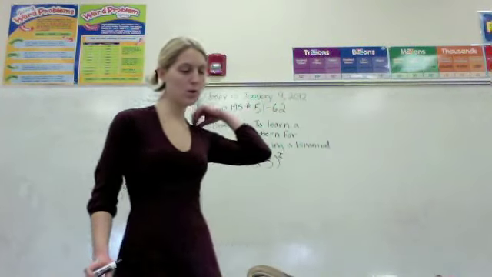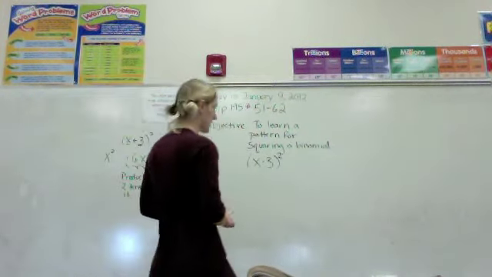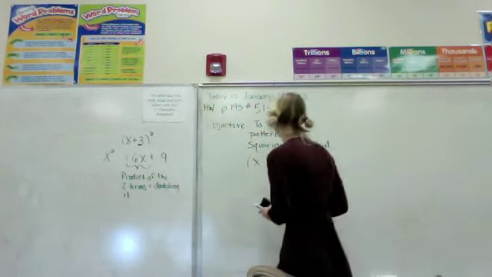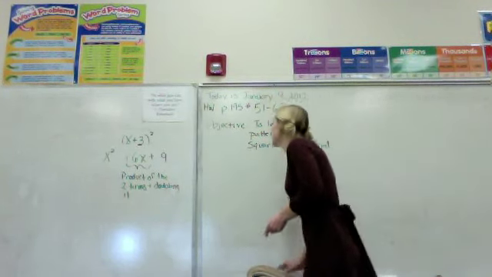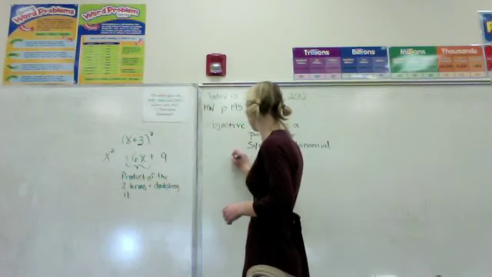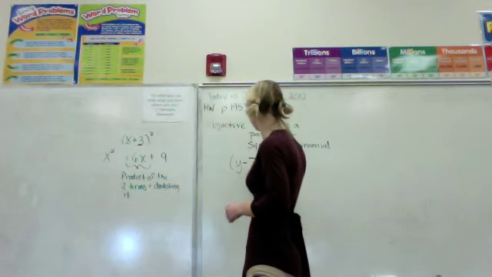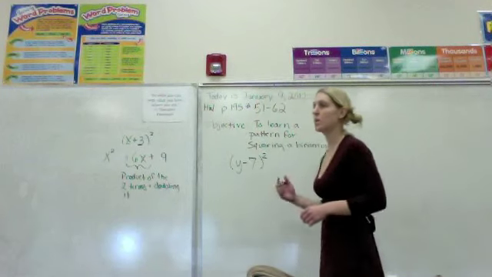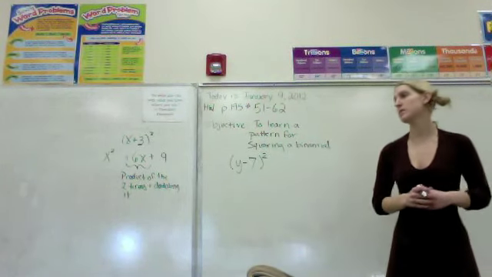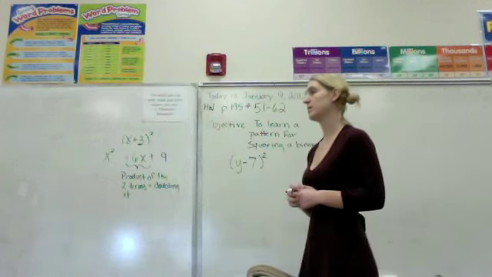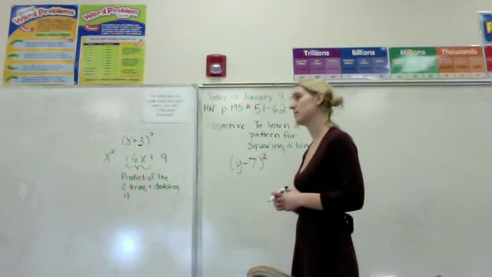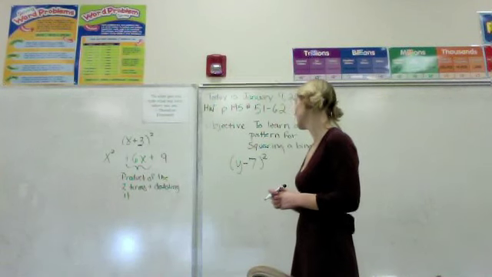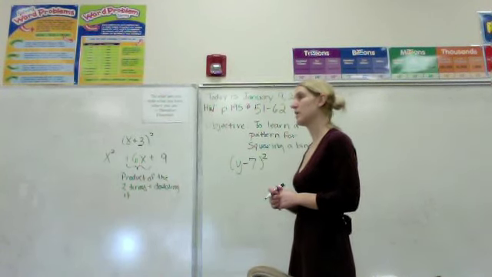So let's do y minus 7 squared. So what do I do to get my first term, Garrett? You square y.